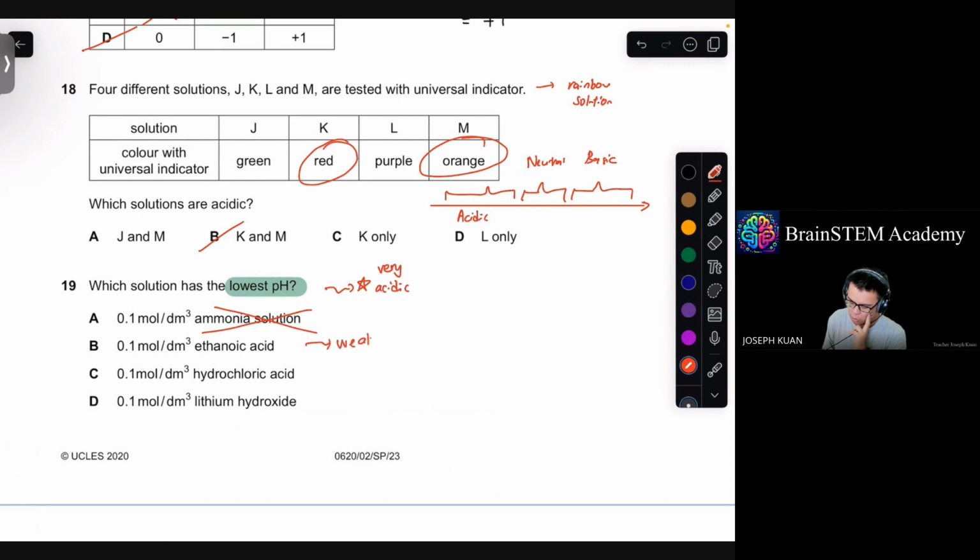Remember, it's an organic acid. So it should be a weak acid that will not be having the lowest pH. C, hydrochloric acid, which is a strong acid. So the most likely answer is C. Lithium hydroxide is alkali. So it will not have the lowest pH. The answer is indeed C.